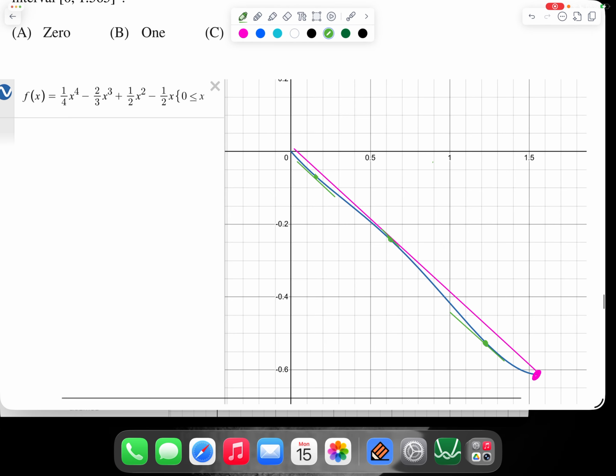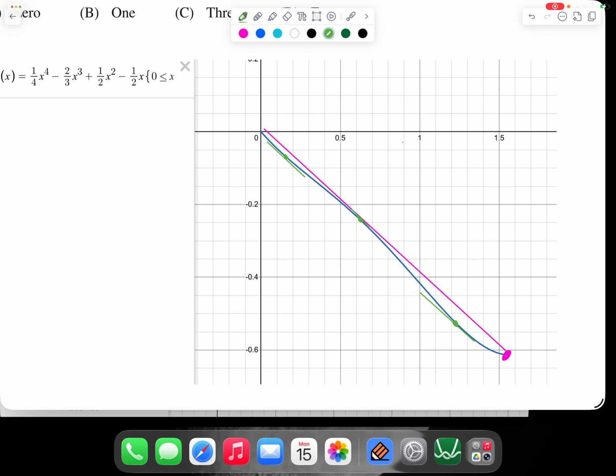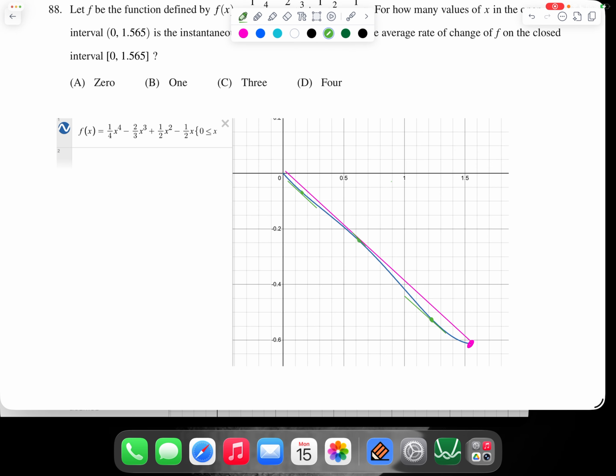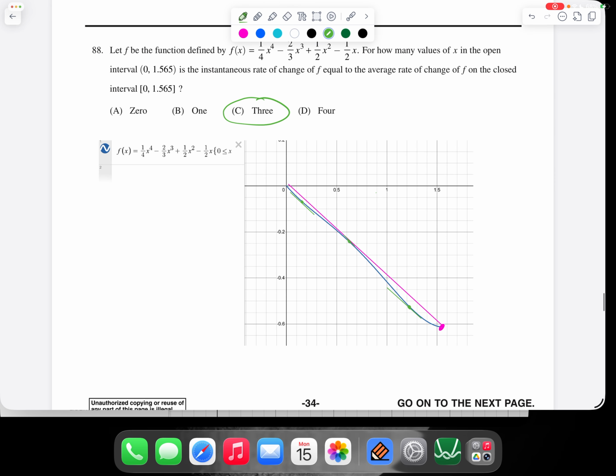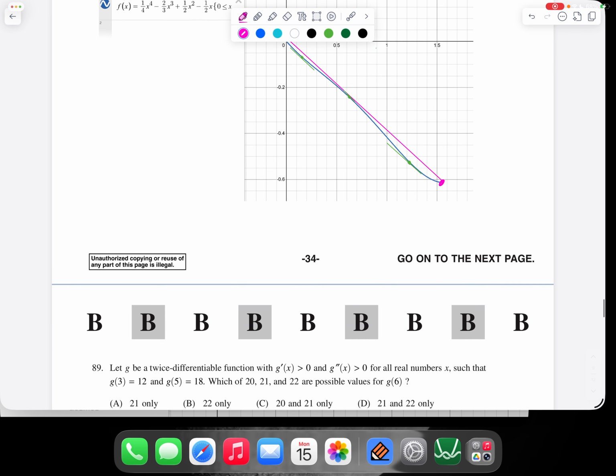Okay, so it looks to me like this could happen 3 times. That first one being slightly less clear. So what they're saying is there are 3 times that the mean value theorem is satisfied between those 2 values. Okay, so that's number 88.